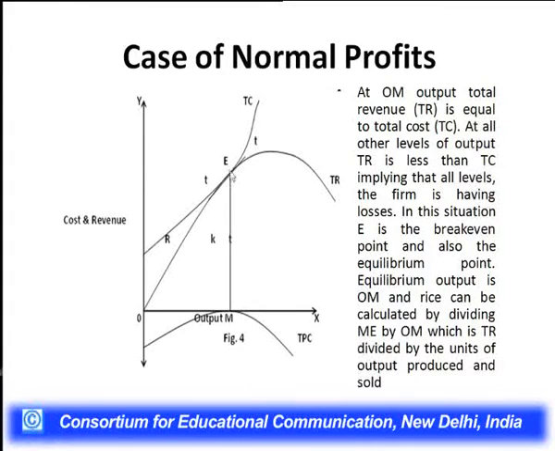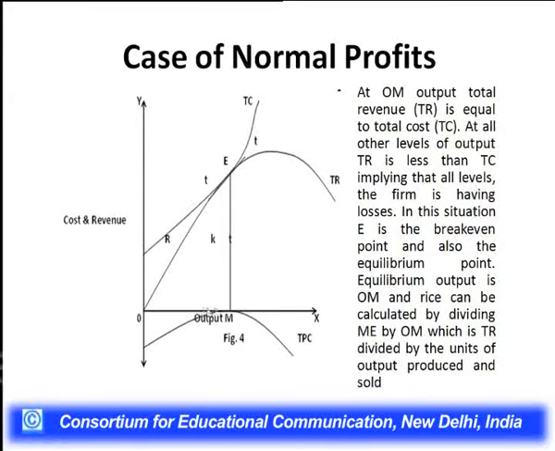Here total revenue is equal to total cost, and whenever the firm is covering the total cost, we say that the firm is getting normal profits. Why? Because the normal profits are already included in the total cost of production.